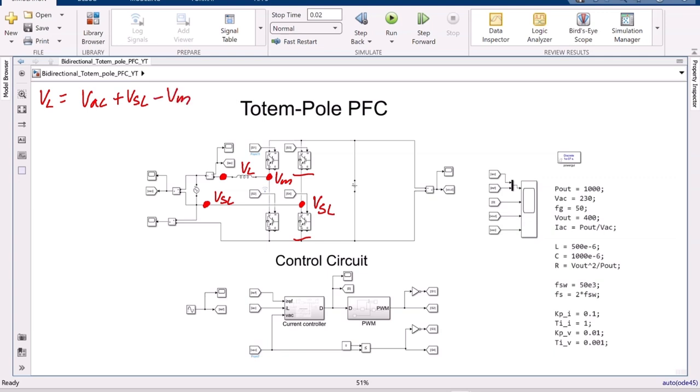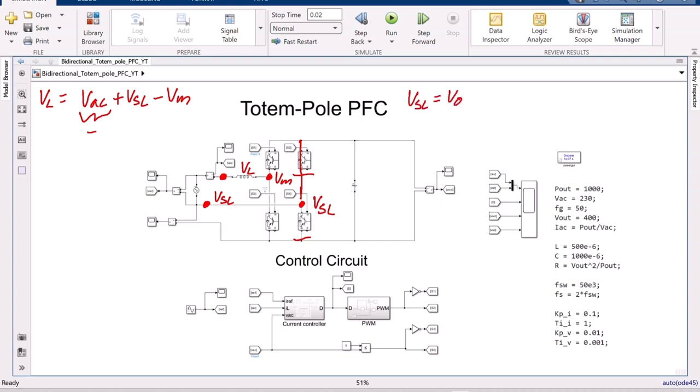Now, let's say, for instance, that VAC is negative. Then we can just switch this slow leg. So let's say that we turn on this switch here, such that VSL is equal to the output voltage.